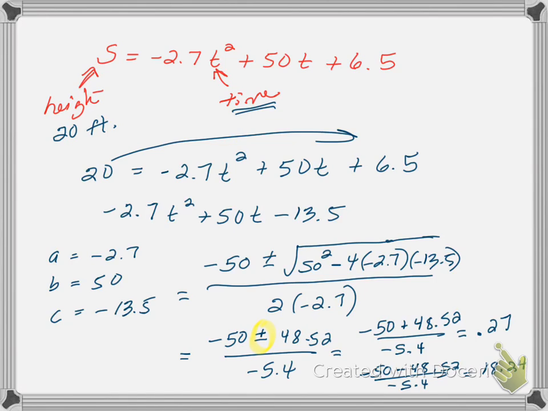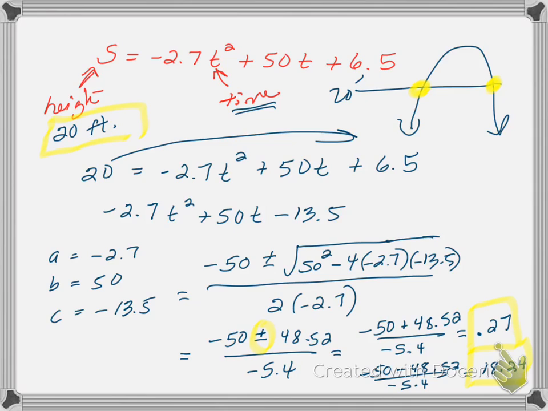So the ball will be at a height of 20 feet at 2 points in time, at t equals 0.27 seconds and t equals 18.24 seconds. That should make sense because a projectile is quadratic: at a height of 20 feet, on the way up it would be 0.27, and on the way back down it would be 18.24 seconds.